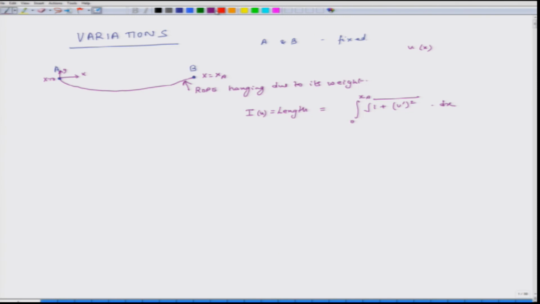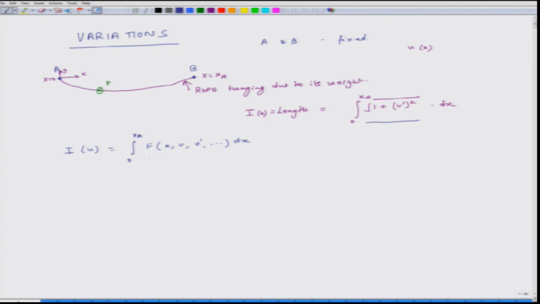Now, think about it, suppose I am looking at some point P. But before I go there, I will rewrite this, that I of u is equal to integral from 0 to x a of some function, I call this f of x, u, u prime. So, now I just made it more general. Okay. So, this we have done in the last lecture. So, there is nothing new about it.